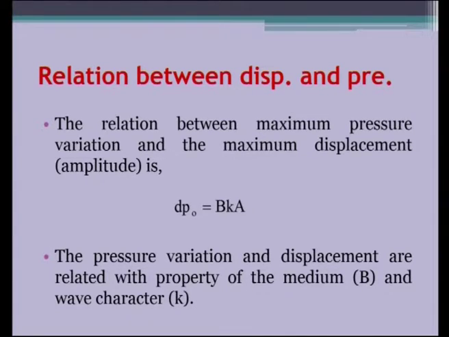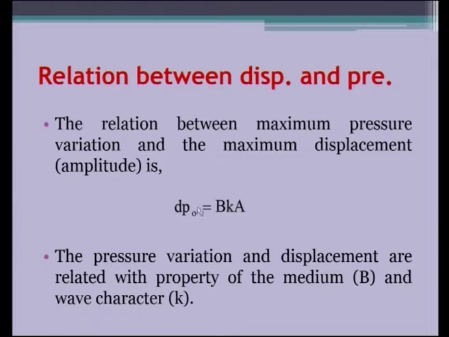The relation between the maximum pressure variation and the maximum displacement, which is called the amplitude, is shown here. dP naught is equal to BKA, which we have replaced in the earlier equation. The pressure variation and the displacement are related with the property of the medium.